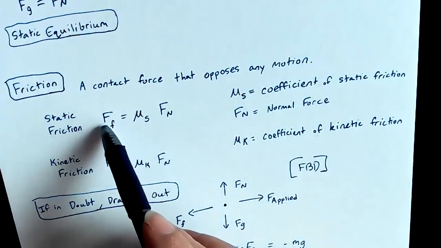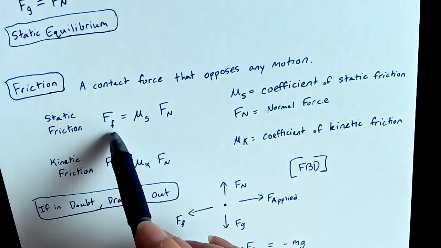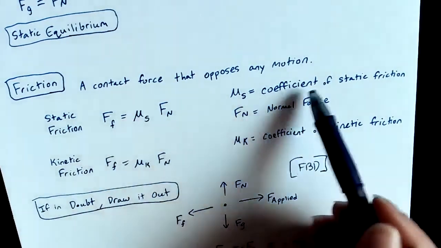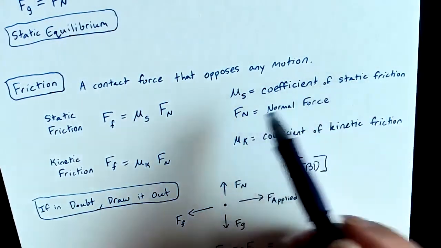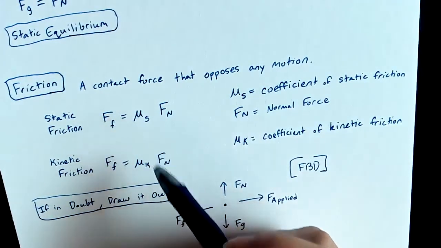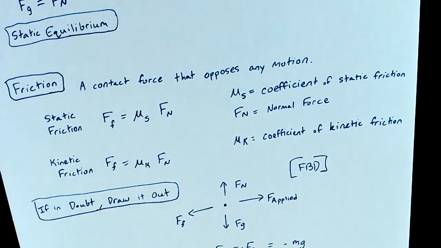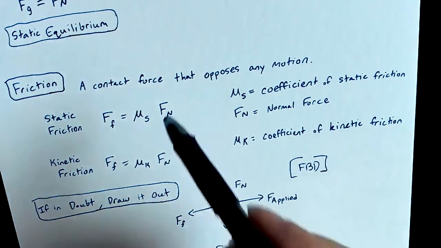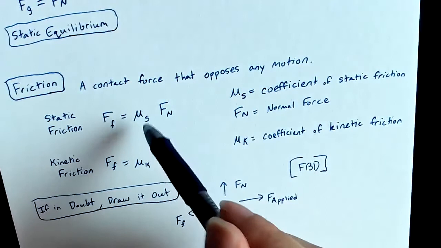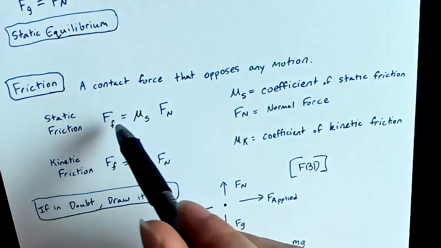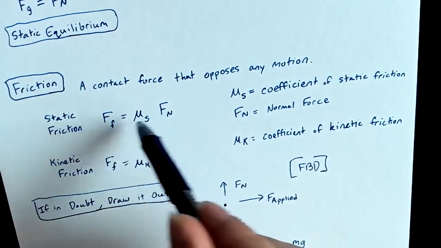And that is the force due to friction equals a coefficient of static friction. This coefficient depends on the material, the type of material you're moving on. So rougher materials like cement or concrete will have a higher coefficient of friction and therefore more friction overall.